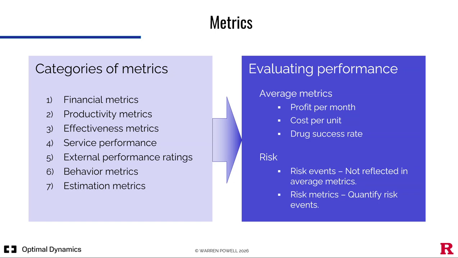They're not properly reflected. You can have a down month, and that's captured by the averages. But if you have a catastrophic month that maybe sends ripples through Wall Street or your customers, that's not really captured by the average. So risk events are described in English, and then risk metrics are where you quantify the risk events, and they're not necessarily in dollar denominations.